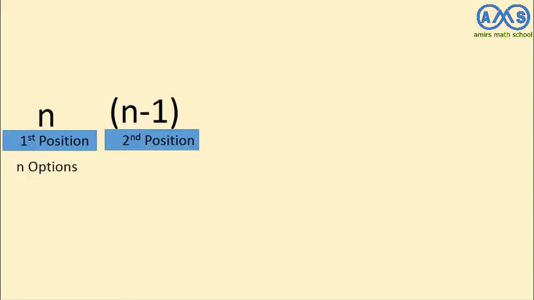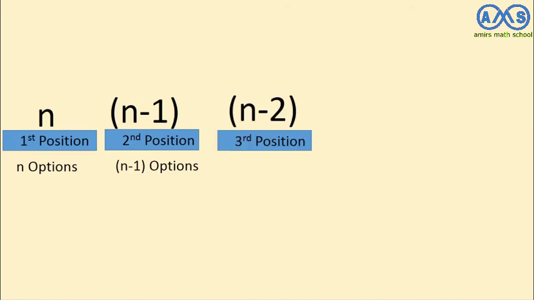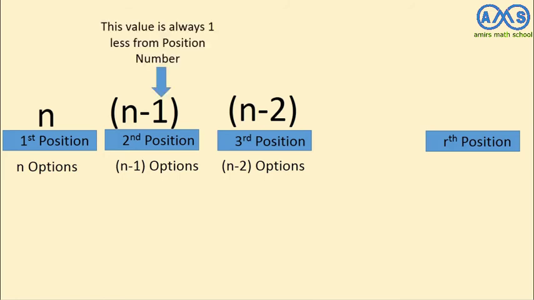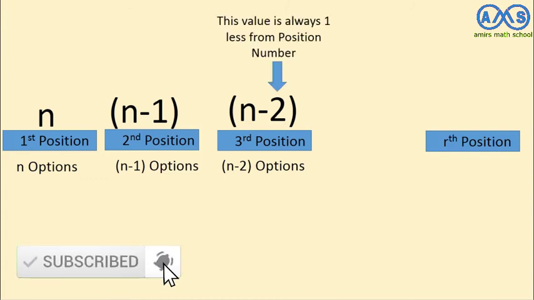So for the first position, we have n options. For the second position, we have n minus 1 options. For the third position, we have n minus 2 options. Now, what will be the value for the rth position? Look at this value: it is always 1 less than the position. For the second position, it is n minus 1, and for the third position, n minus 2.